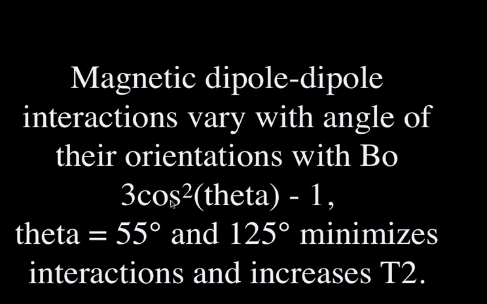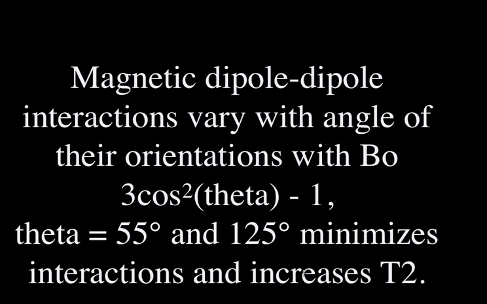It's going to be ordered, and mathematically that interaction comes out to be 3 cos²θ - 1, where theta is the angle between the two dipole directions. If you take two magnets together, what is the angle between the two? And it turns out that this can be minimized at 55 degrees and 125 degrees.